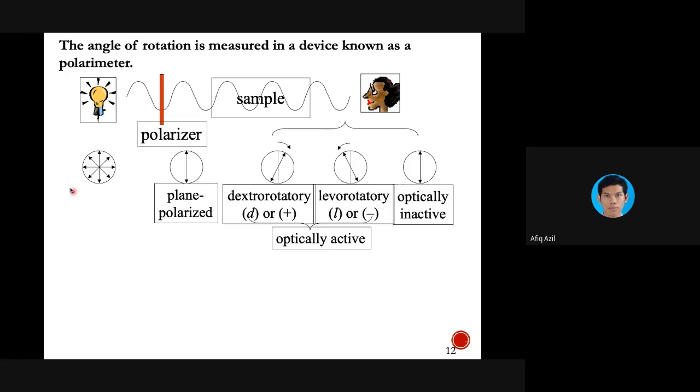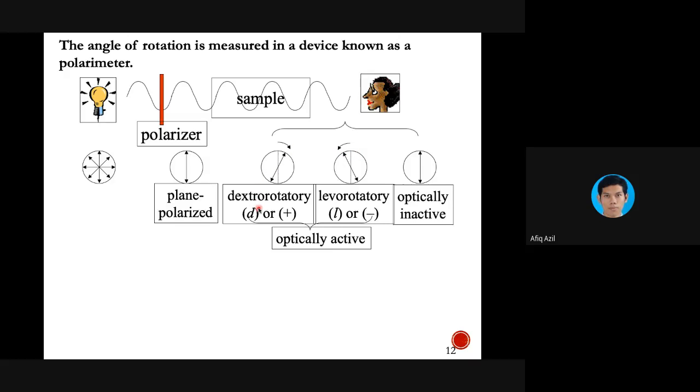The original light source can be the x-axis, y-axis, or the z-axis as well. This plane polarized light can be rotated to the right, or it could be rotated to the left.